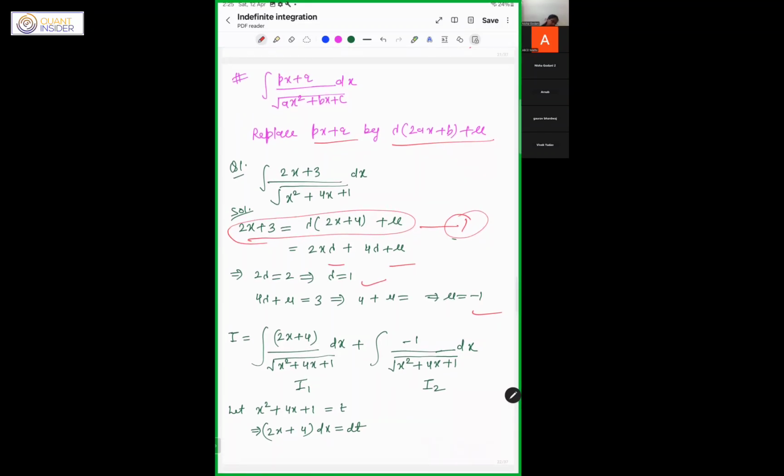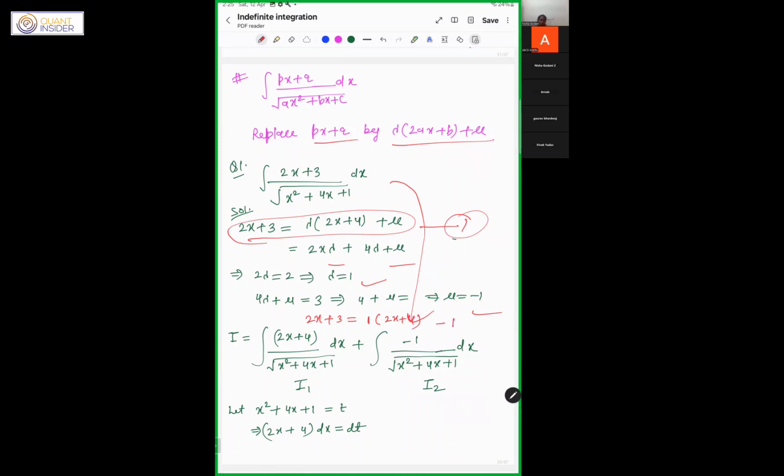Your given integration reduces to this. So what are you doing? This 2x plus 3 is written like this, because you now have 2x plus 3 equal to 1 time 2x plus 4 minus 1.